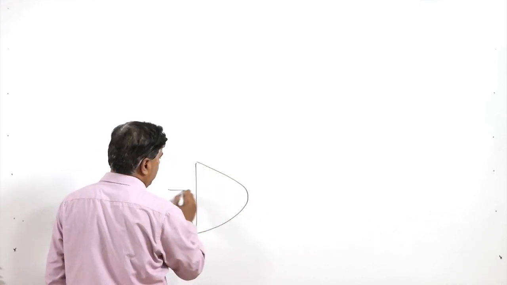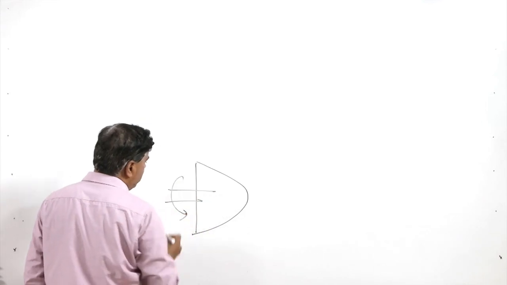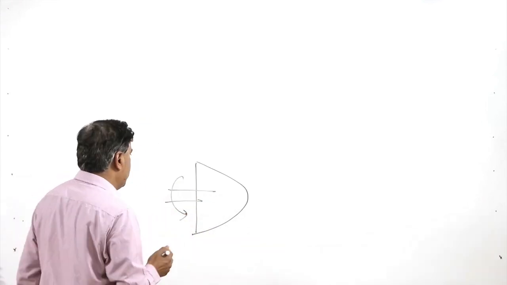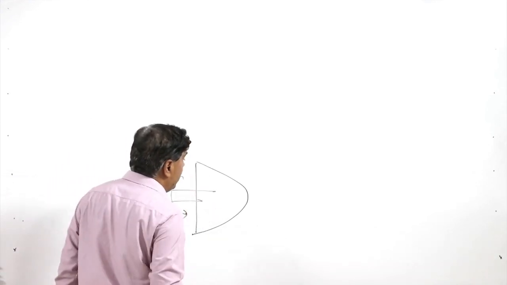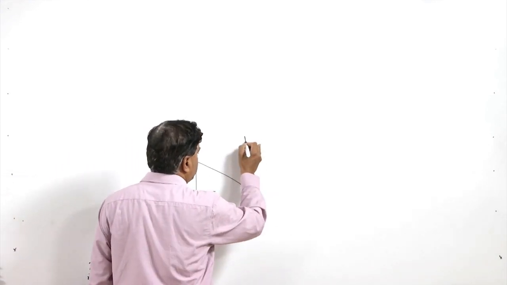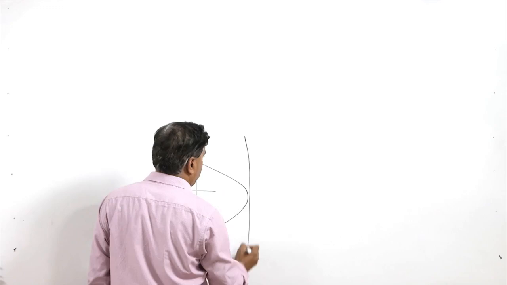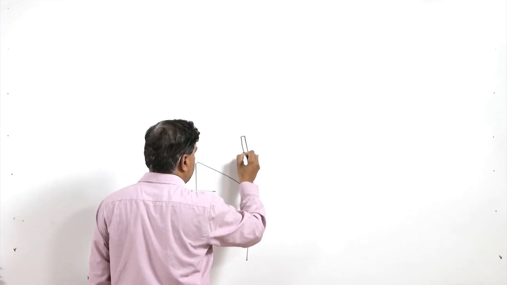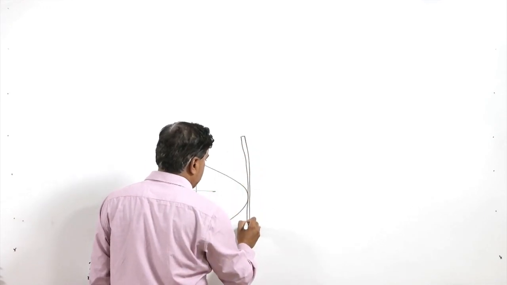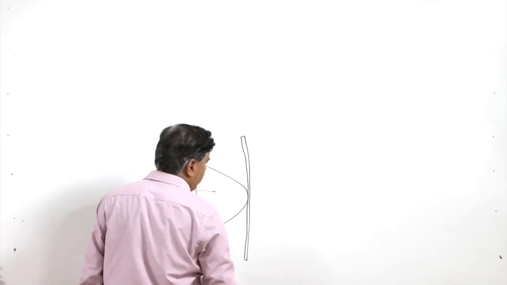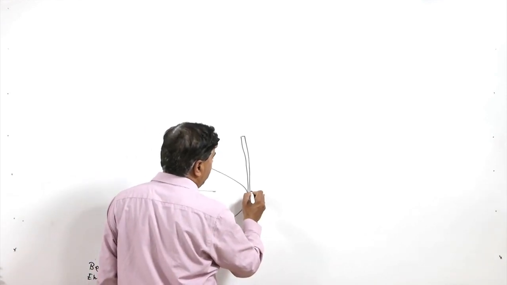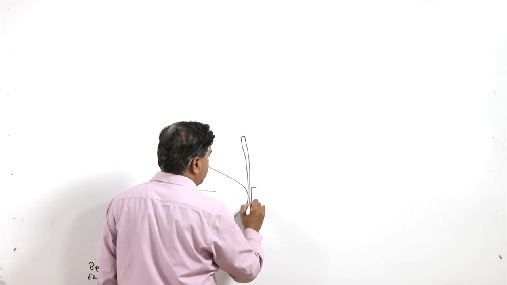This form block is rotated, maybe on the headstock of a lathe machine, and then a sheet metal which is to be used for the spinning process is kept like this in contact with the form block, and it is held firmly with the help of another holding pressure.